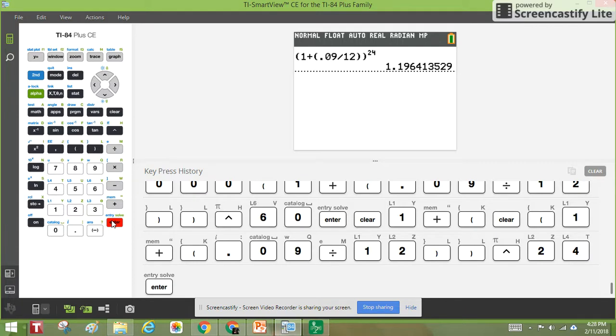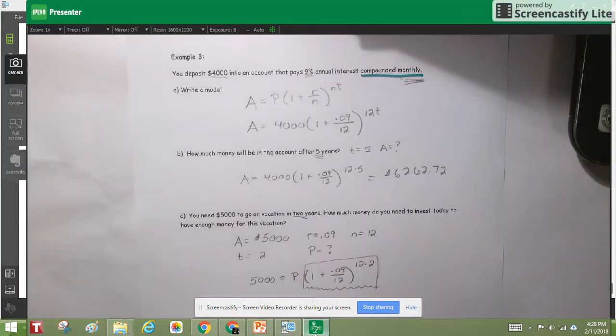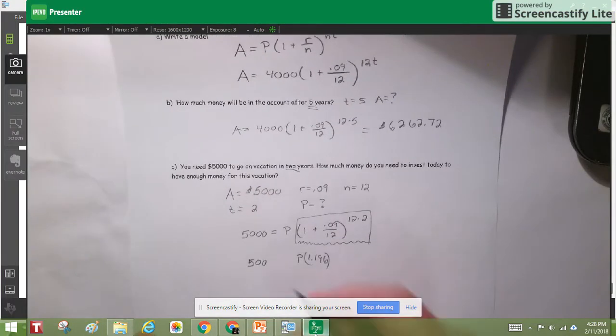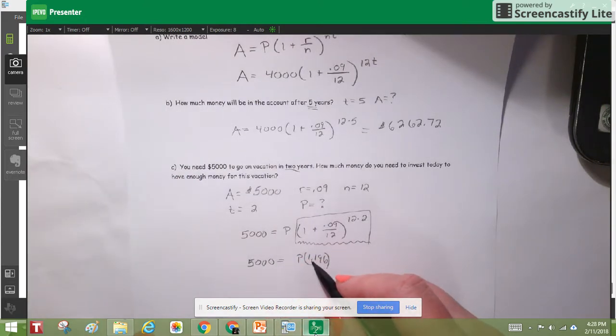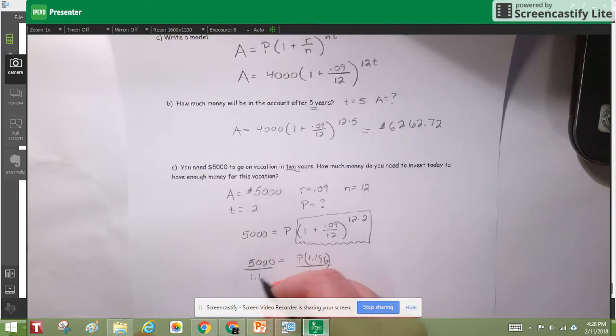So now I have 1.196 if I round that. So now my equation becomes 5,000 equals P times 1.196. So now I just have to divide both sides of this equation by 1.196 to get P alone.